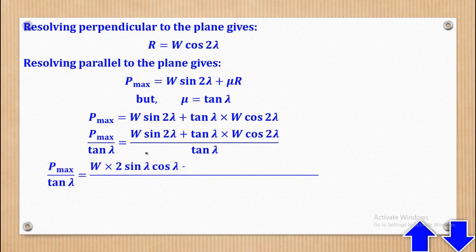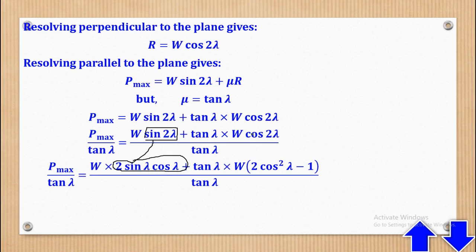That when I simplify, for example, sine 2 lambda is a double angle, so half angle of this will be 2 sine lambda cos lambda. And cos 2 lambda, in half angle, becomes 2 cos squared lambda minus 1.